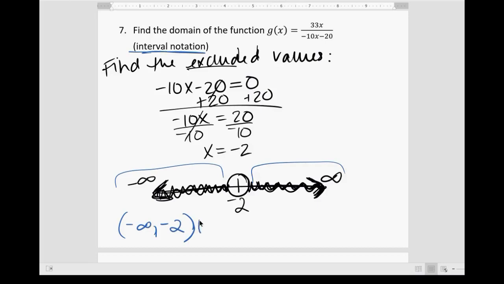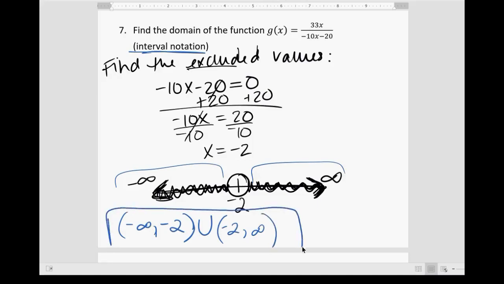Now I have another interval, so I'm going to use a union, and then I'm going to start at this interval. It starts at negative 2, but not including negative 2, so I'm going to put a parenthesis, comma, all the way to infinity. And remember, you always use parentheses by infinity, so there we go.